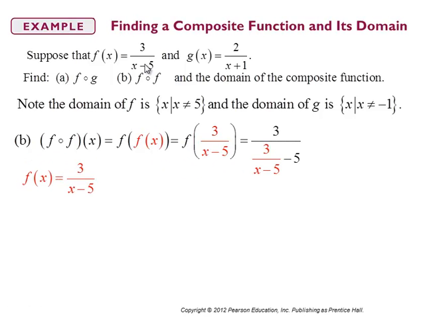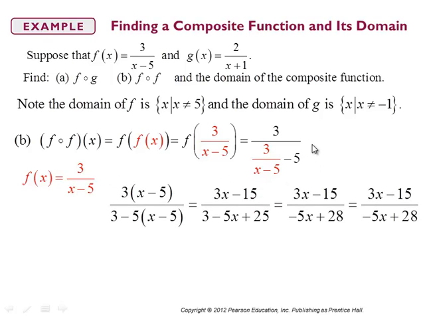Okay, and then take also a look at, for what values of x will 3 over x minus 5 equal 0, like you see here. That would be 28/5.